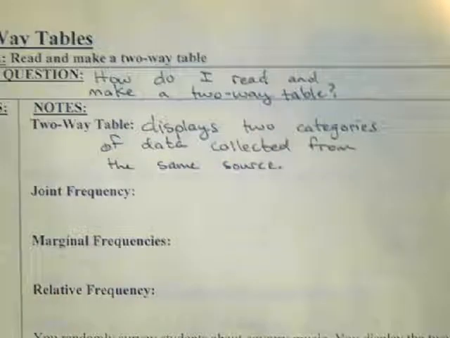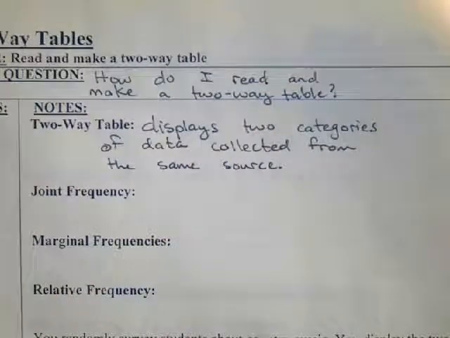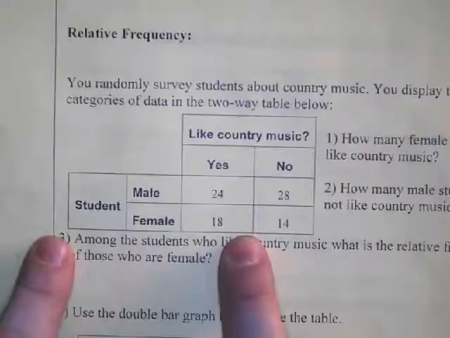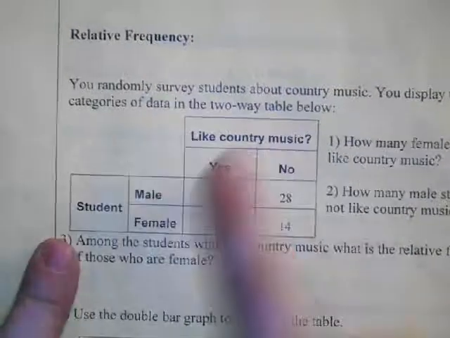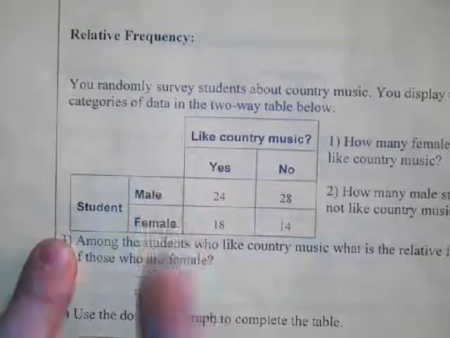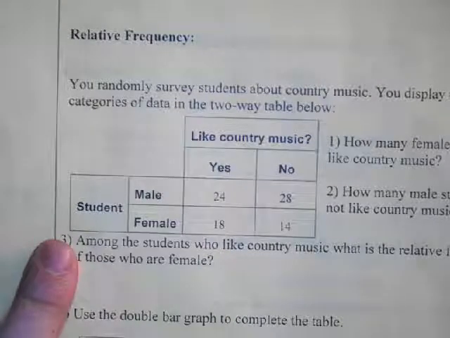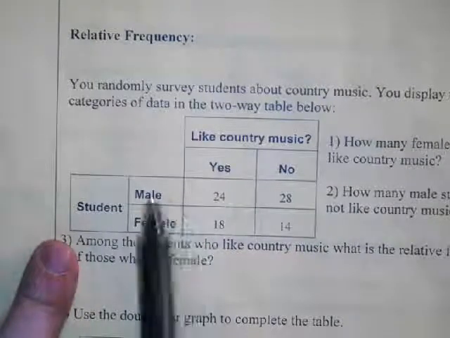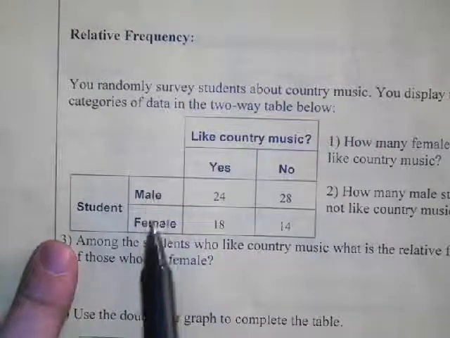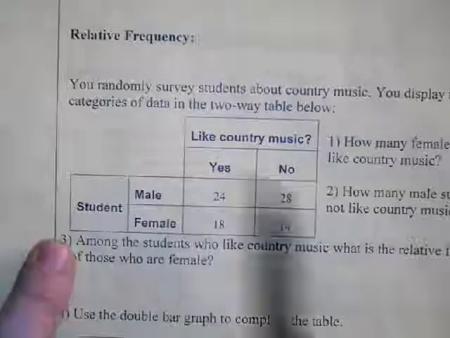And what that means is that sometimes you'll ask two questions to the same group of people. So for instance, if we look down at our first example, you would ask the question, do you like country music? And then you could separate the same group of people into male and female. And then you have two different categories, do you like country music, and your gender, and it's all coming from the same source.